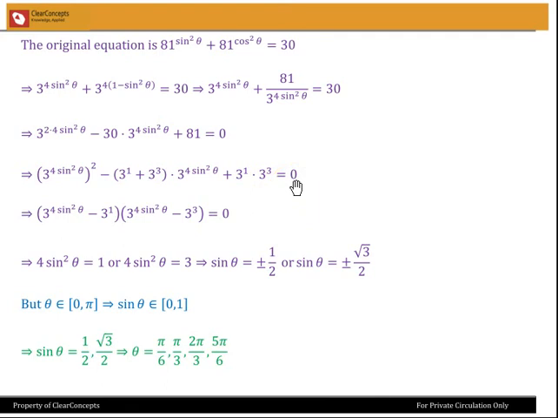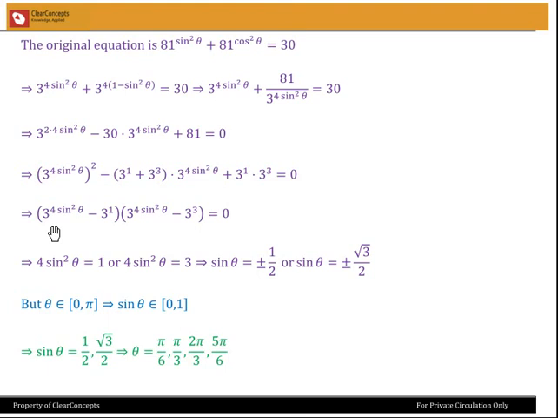And I can see now that I can factorize this here. I've got my middle term having a sum, my final term having a product. And so I can factorize to 3 to the power 4 sine square theta minus 3 to the power 1 times 3 to the power 4 sine square theta minus 3 to the power 3 is equal to 0.